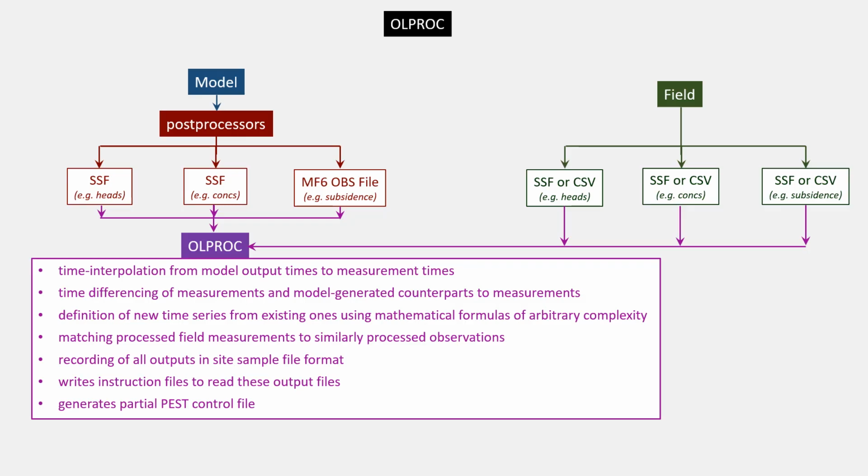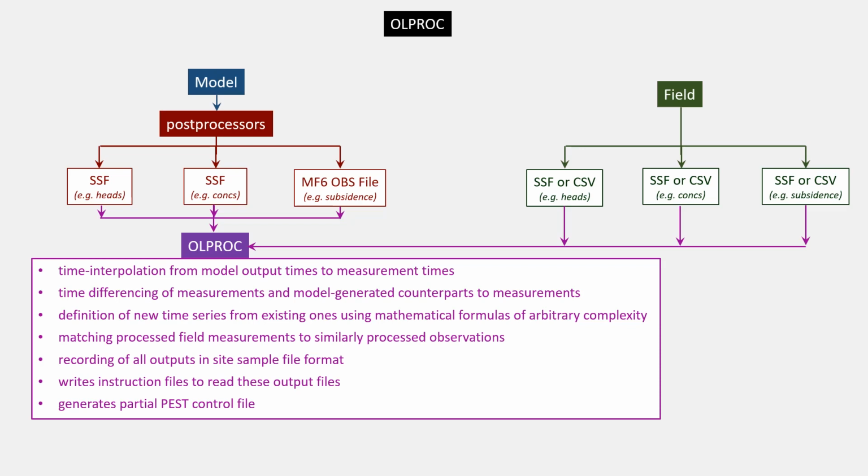But it can also build much more complex functions of field data on the one hand and model outputs on the other, arbitrary functions based on the time series that were measured in the field or come from the model. And then it can match those so that these can become part of a PEST or PEST++ based inversion process.